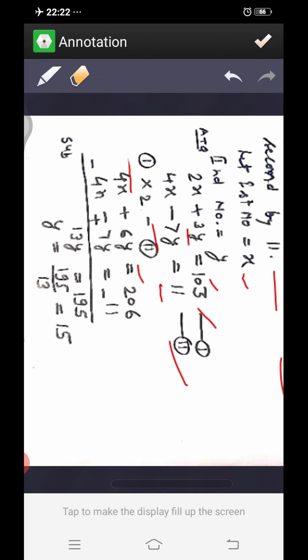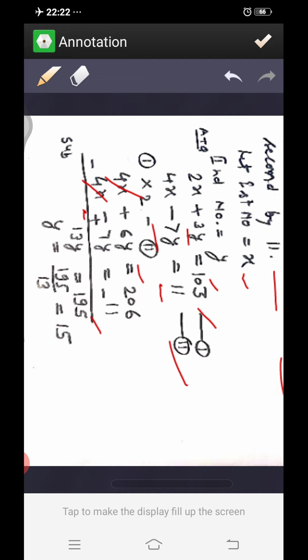After multiplying the first equation by 2, this 2x will become 4x and the other 4x is also positive, so we have to subtract. So we change the sign of the second equation. Here plus 4x we changed to minus, 7y changed to plus, and plus 11 we changed to minus. Now you see this 4x and 4x get cancelled.